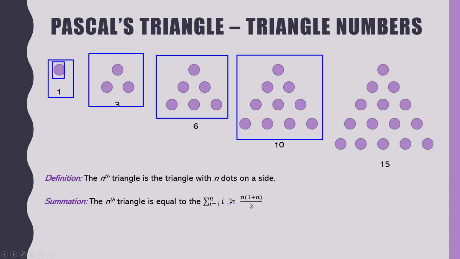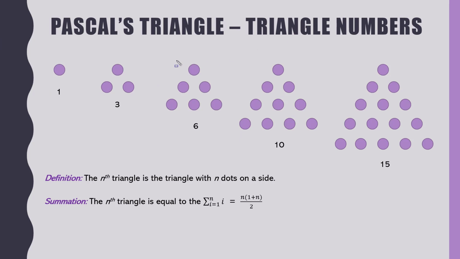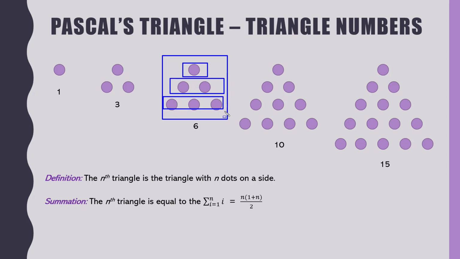So in other words, let's go with the third triangle, the one with 3 dots. It is the sum of 1 plus 2 plus 3, which is 6. That's a triangle number. Dig it?